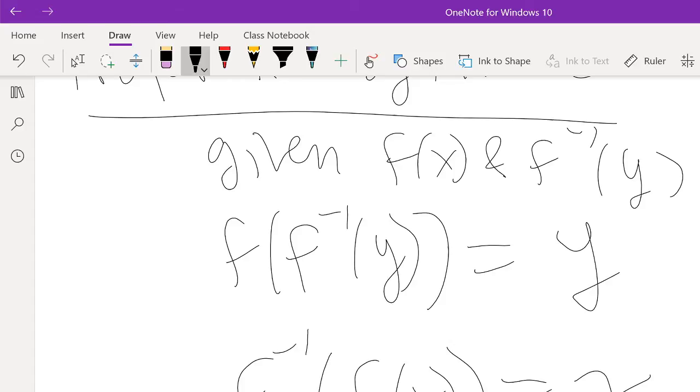So we're given f of x and the inverse, f inverse of y. Again, we switch the domain and range around. This is what the composition of the functions would be.